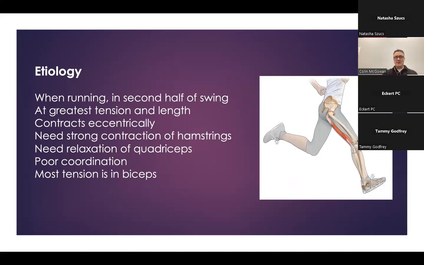The biceps tendon or muscle goes through the most tension. But all of them are biarticular. Anything that crosses two joints is going to be more susceptible. So that's all the hamstring muscles as well as the gastroc.